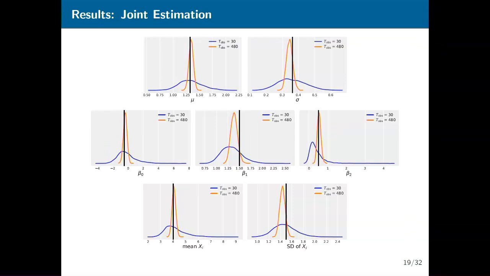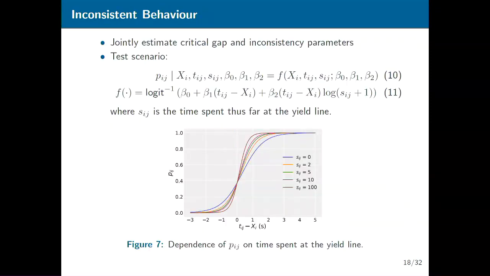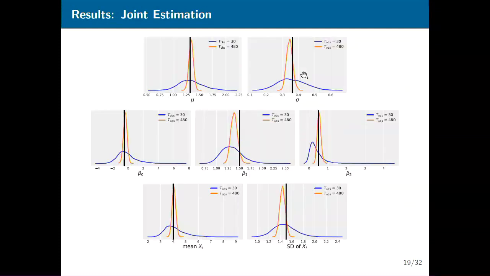You have mu and sigma, which are the usual critical gap distribution parameters. And you have beta 0, beta 1, beta 2, which are the inconsistency parameters in this link function over here. And you have the mean and standard deviation, which are, again, induced by the mu and sigma. The black line here is the true values, and the blue curve is the posterior after having generated the simulated data of 30 minutes.